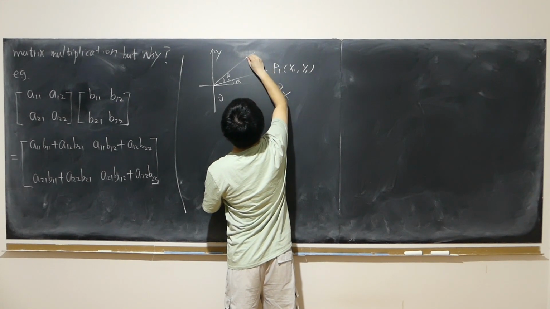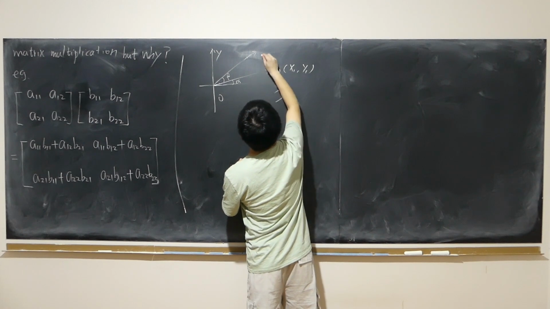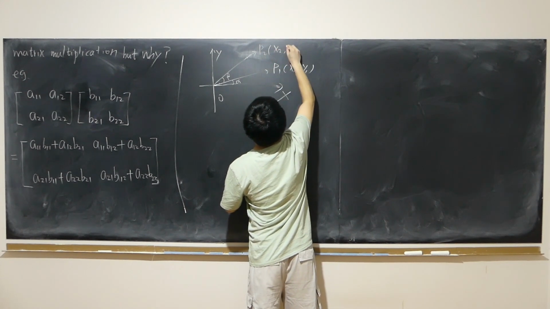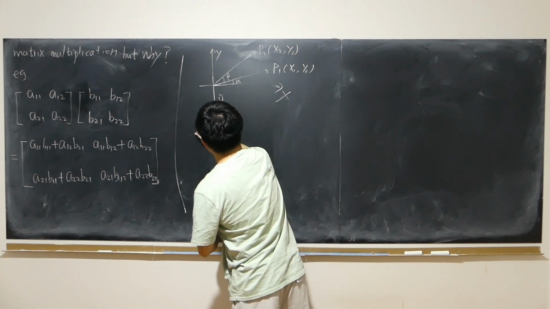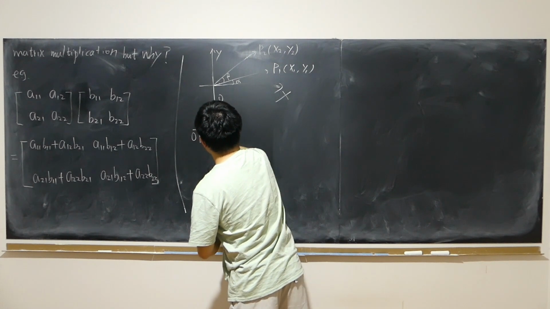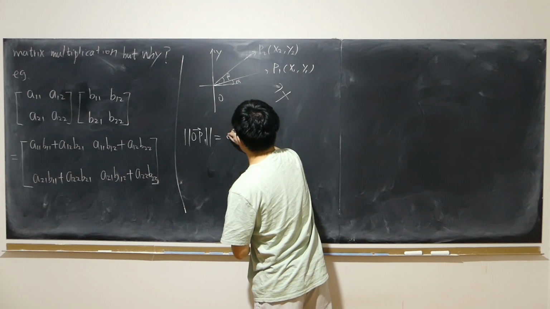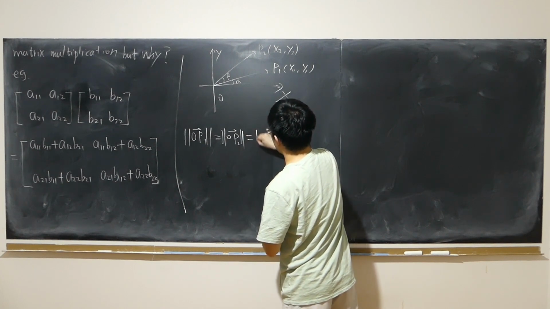And of course, the radius does not change. Let's say the radius is just 1. So rotate it all the way to P2. You have the x coordinate, y coordinate, x2, y2. And we say the length of P1 is equal to the length of P2, like the OP1, OP2 vector length is just 1.